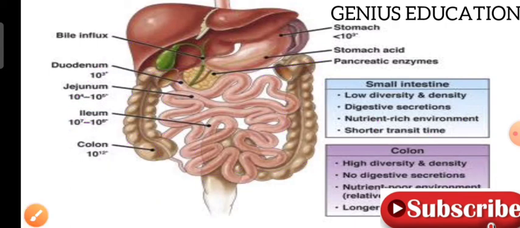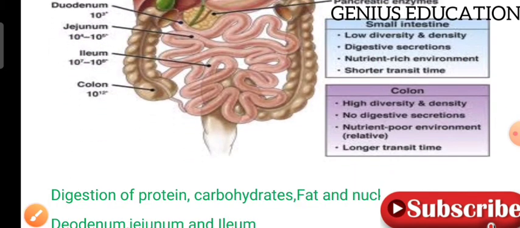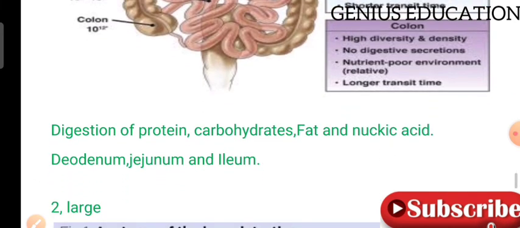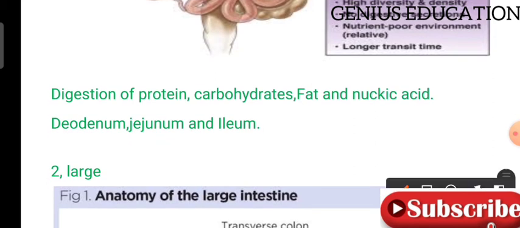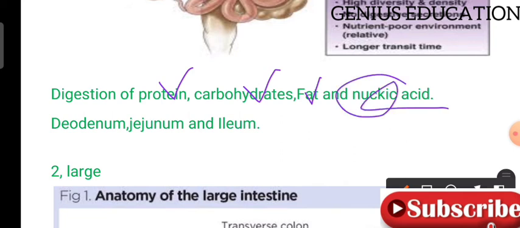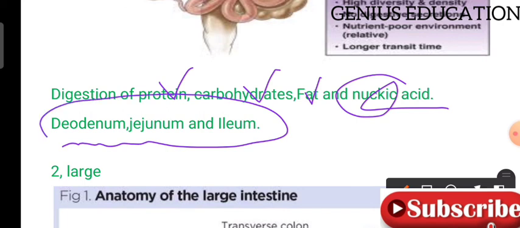And you can read another line here, colon: high diversity, density, no digestive secretion, nutrient-poor environment, longer transit time. That means in the small intestine there is a lot of digestion, but in the colon, which is in the large intestine, there is not much. And you can say digestion of protein, carbohydrate, fat, and nucleic acid takes place inside the small intestine.